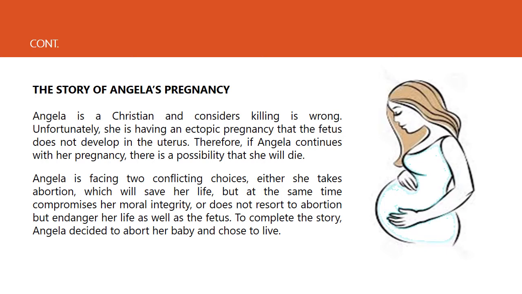Angela is facing two conflicting choices. Either she takes abortion, which will save her life but at the same time compromises her moral integrity, or she does not resort to abortion but endangers her life as well as the fetus. To complete the story, Angela decided to abort her baby and chose to live.